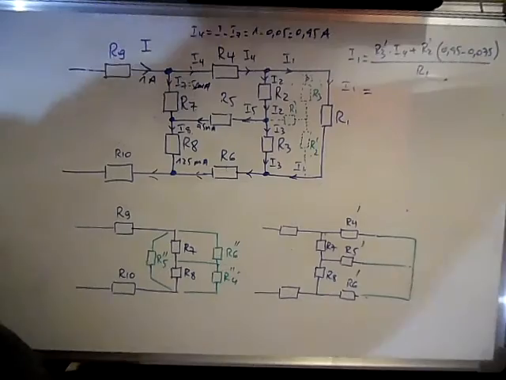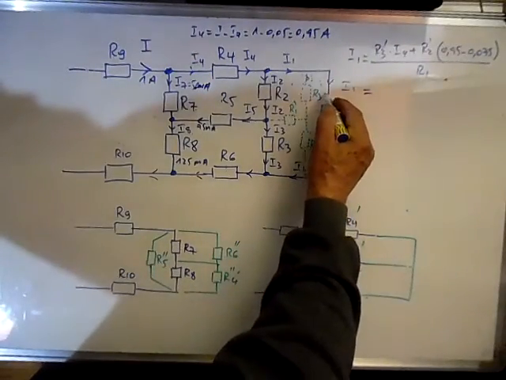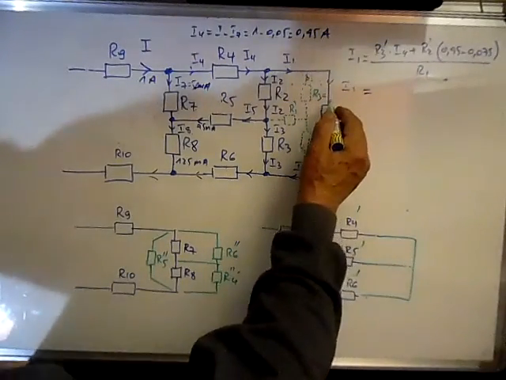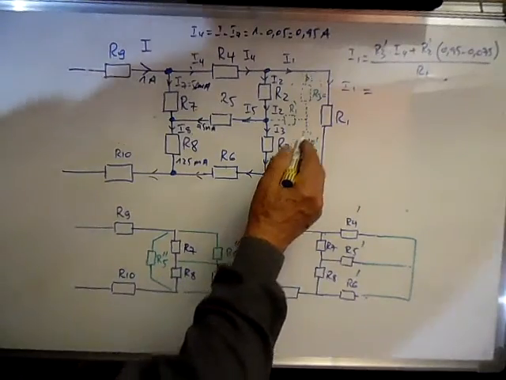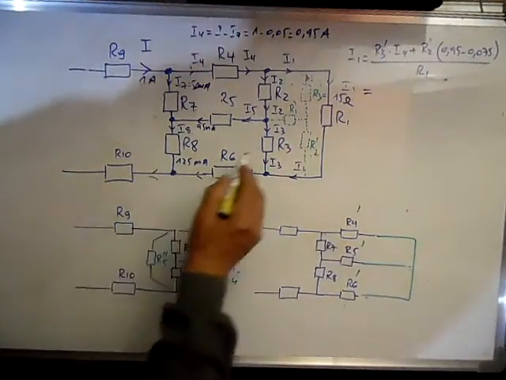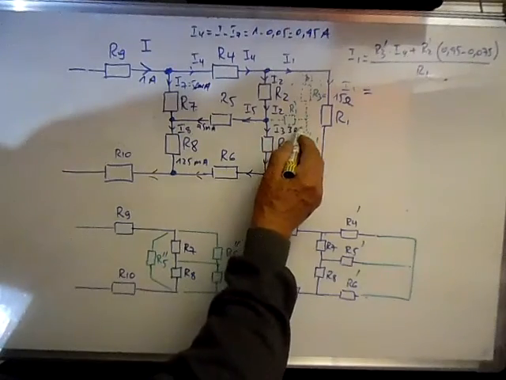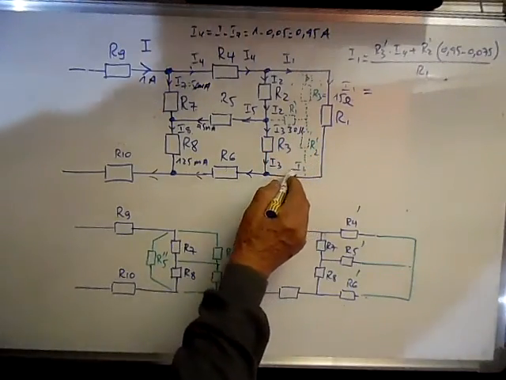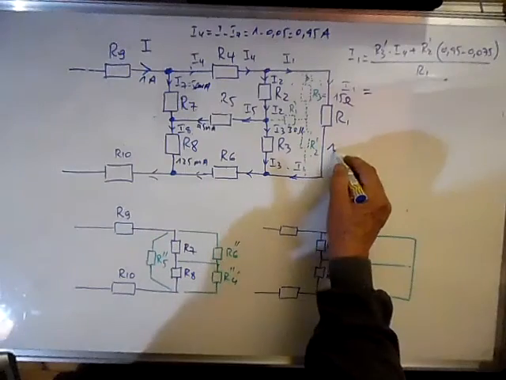Okay, R3 prime is 15 ohms, R1 prime is 30 ohms, and R2 prime is 10 ohms.